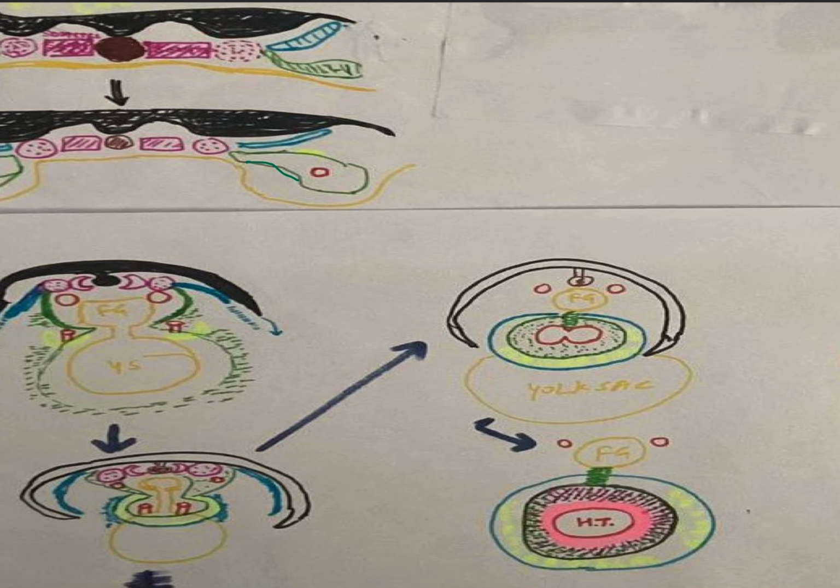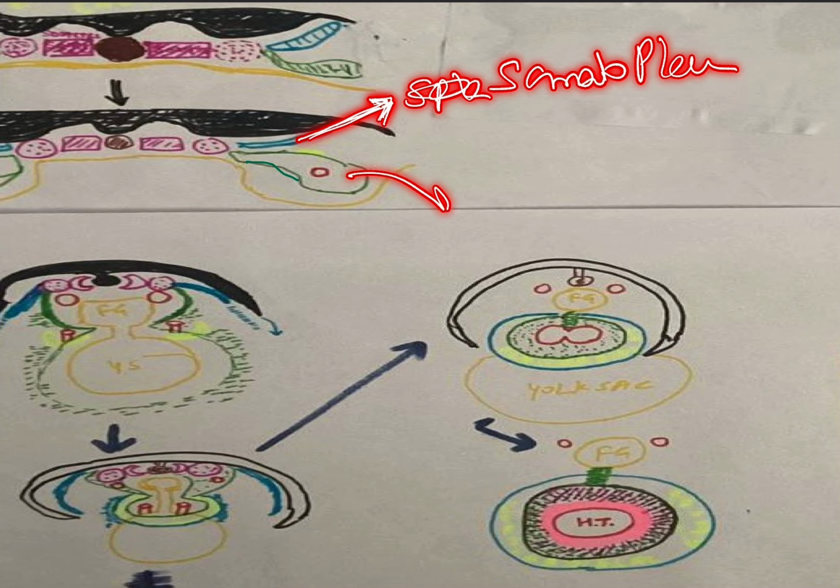As I have already explained, this is the intraembryonic coelom. This intraembryonic coelom has two layers. The part of mesoderm which is toward ectoderm is known as somatopleure mesoderm, while the inner part is known as splanchnopleure mesoderm.